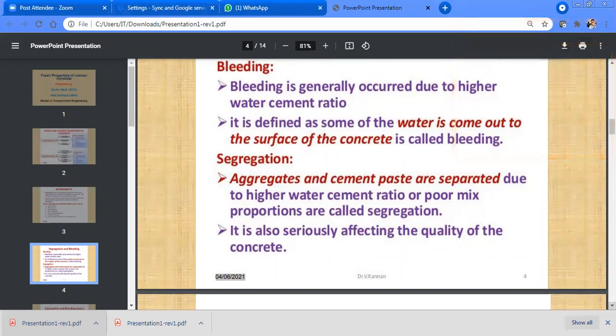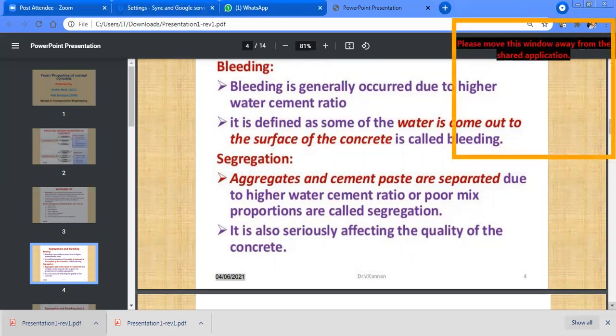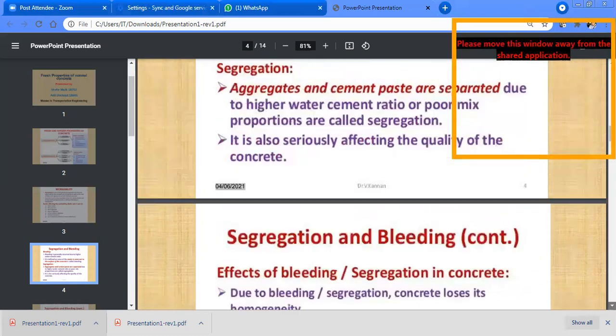The height should not be greater than 1.2 or 1.5 meters. If we pour the concrete from a height of more than 1.5 meters, segregation will occur. It is also a serious factor affecting the quality of concrete.